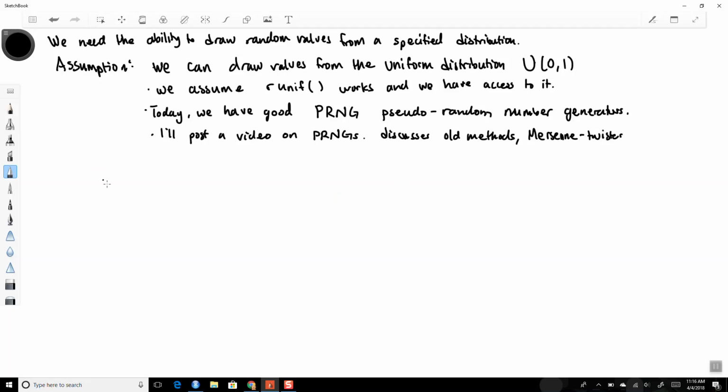And if we can get values from the uniform distribution, then we can use it to get values from other distributions.